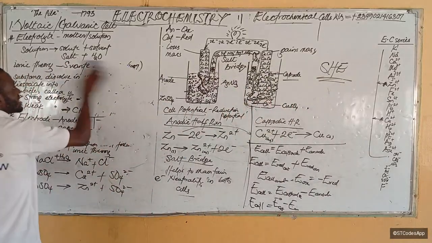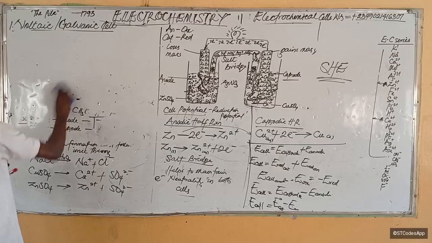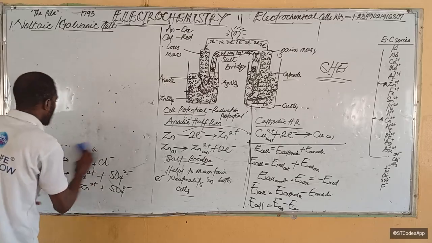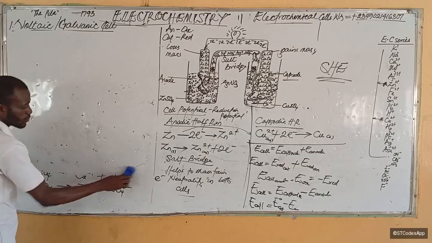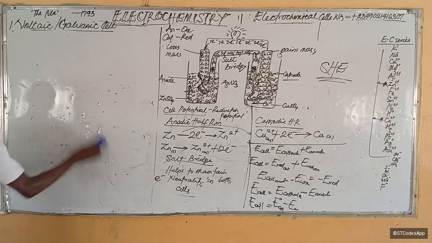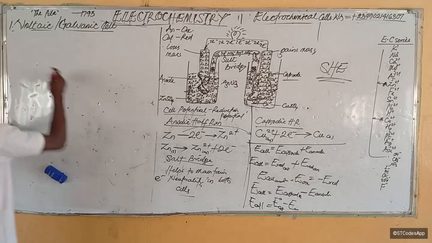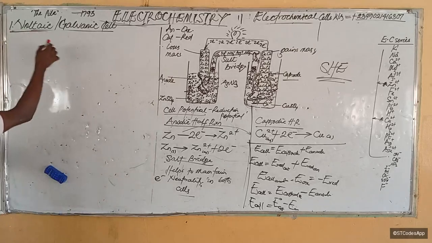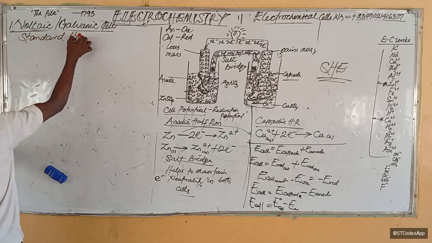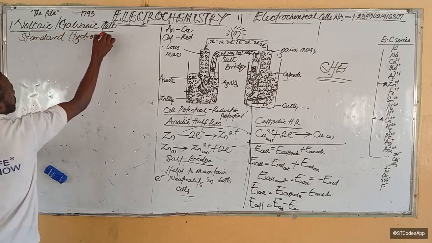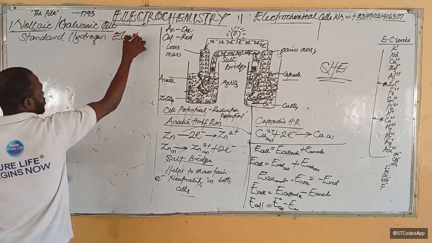To calculate the standard E cell of a particular metal, of a particular electrode, we use a cell that contains hydrogen. We use the standard hydrogen electrode.